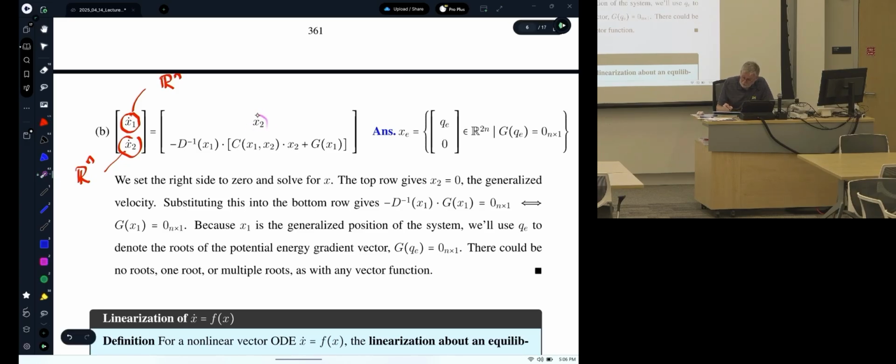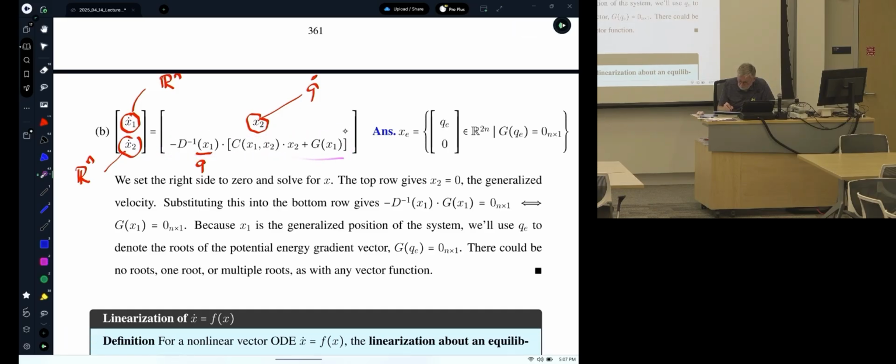So the velocity, the generalized velocity, this is q dot. X, that's the generalized positions, q. So the velocities have to be 0 at an equilibrium. Surprise, surprise, okay? Not.